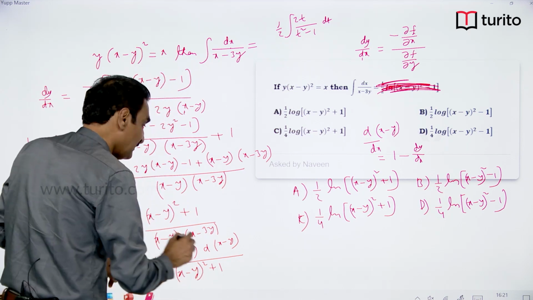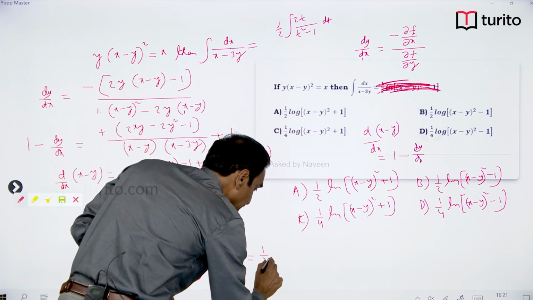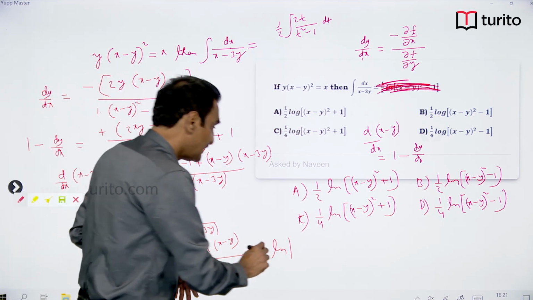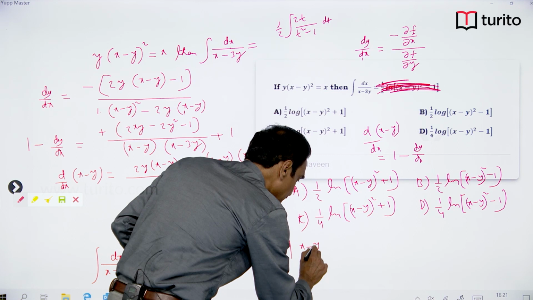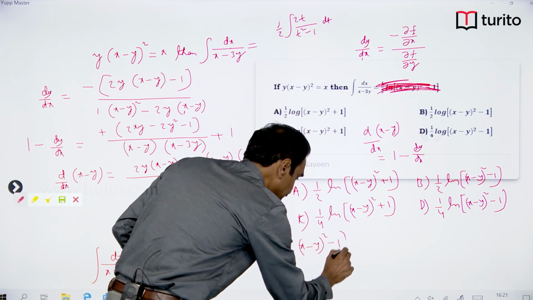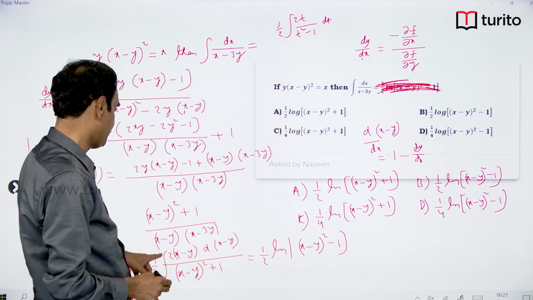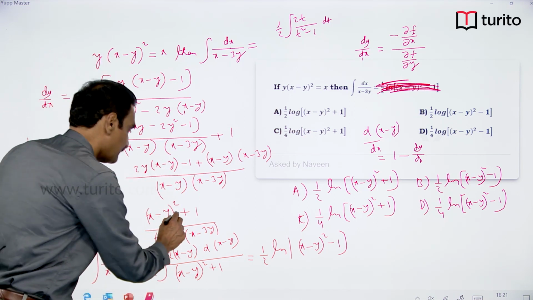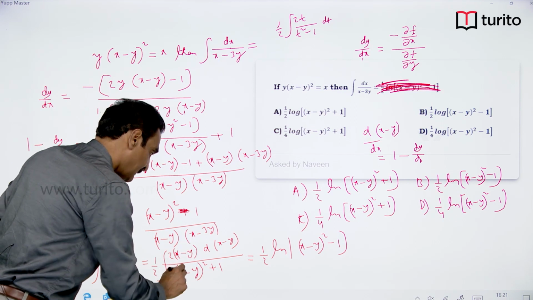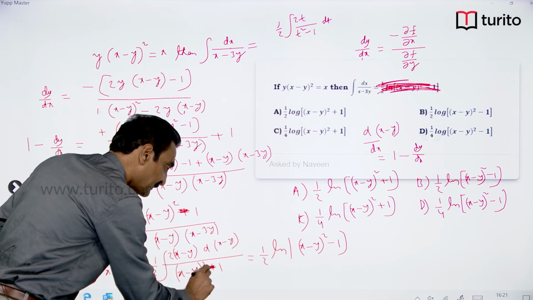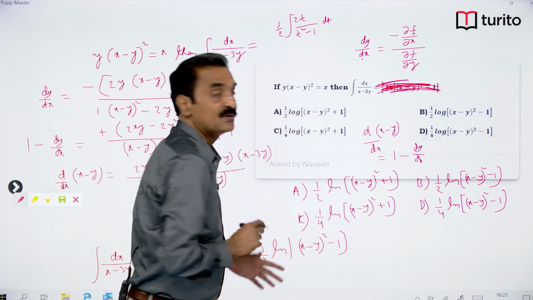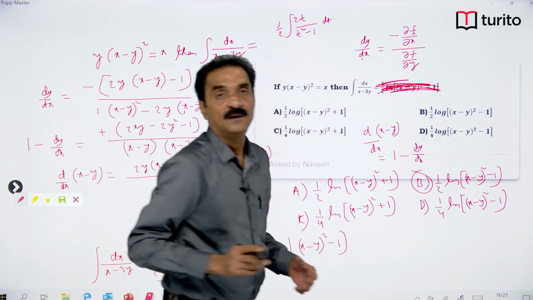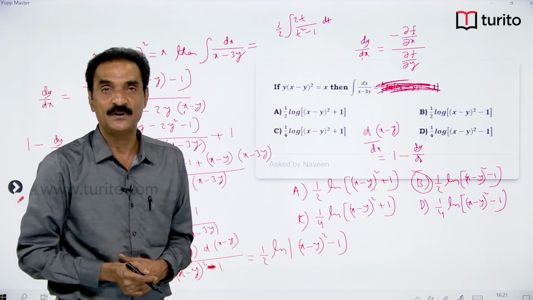So, its integral will be half log mod denominator, that is (x minus y) whole square plus 1. Okay. So, the answer is which option? Option B. Correct answer is option B.